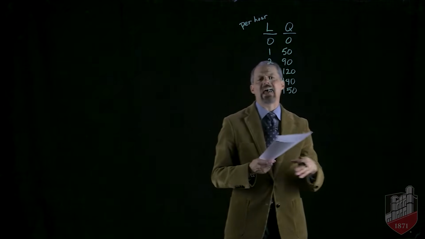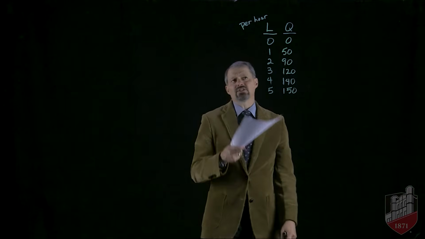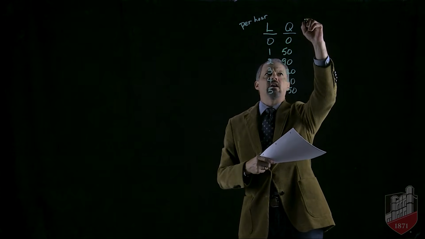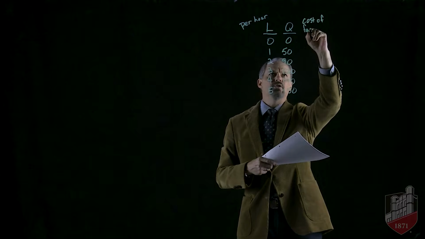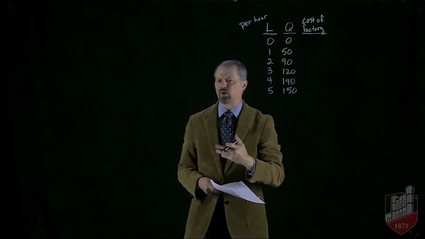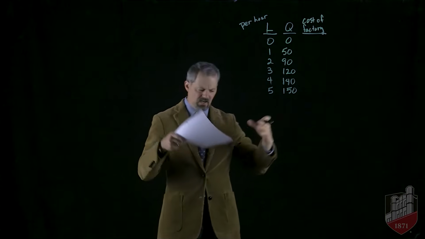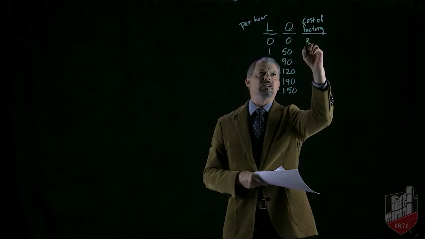And then I'm going to start adding some costs of production. Okay? So let's start by thinking about what I'm going to call the cost of the factory. And you can think about this like it would be the per hour rent that we have to pay on a building that we use. And let's suppose that it's $30.